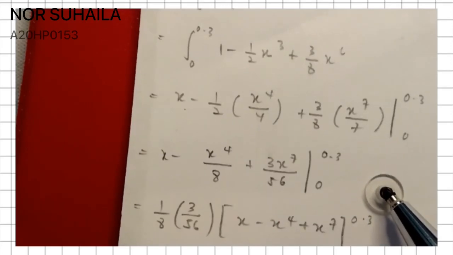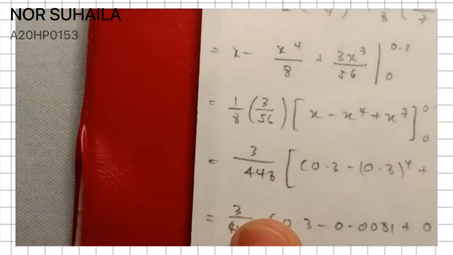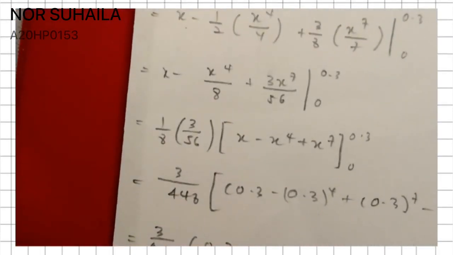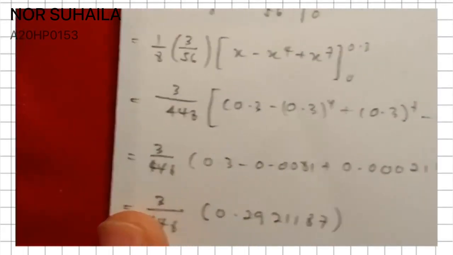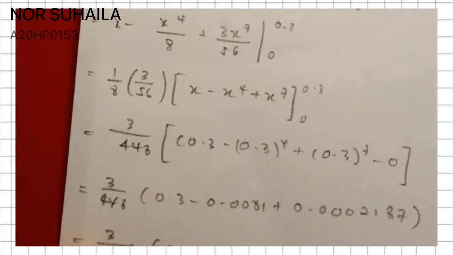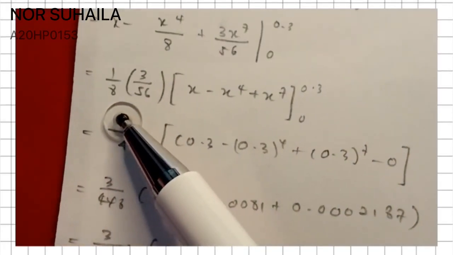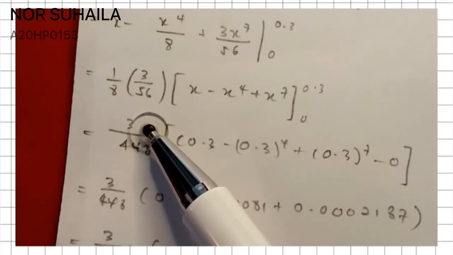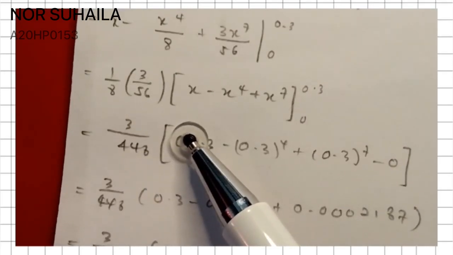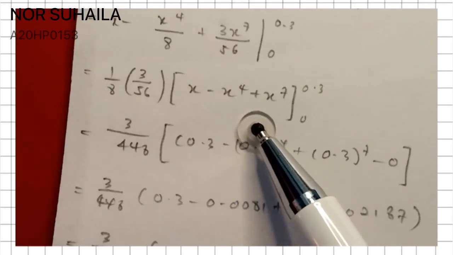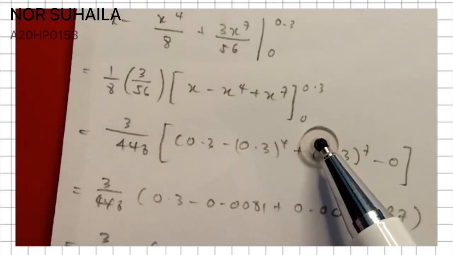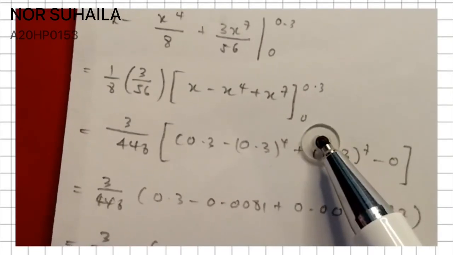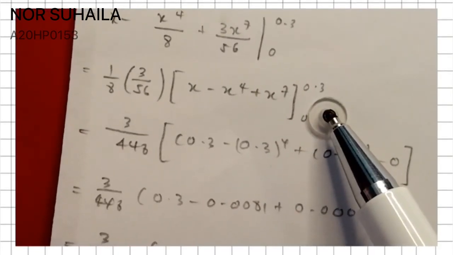We get x minus 1 over 8 x^4 plus 3 over 56 x^7, with the limits 0 to 0.3.